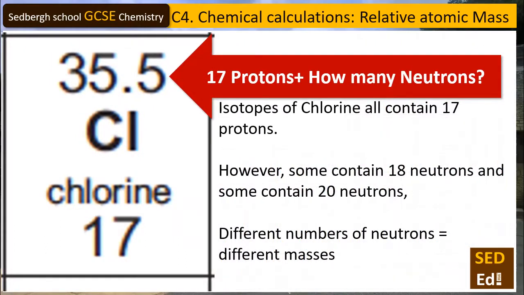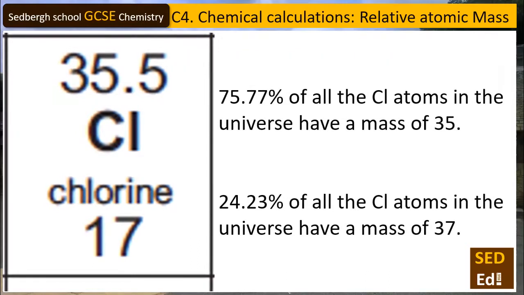Atoms of the same element which contain different numbers of neutrons are called isotopes. If they have different numbers of neutrons, then some of the different atoms of chlorine must, therefore, have different masses. Very clever scientists have worked out that 75.77% of all the chlorine atoms in the universe have a mass of 35, and 24.23% of all the chlorine atoms in the universe have a mass of 37.